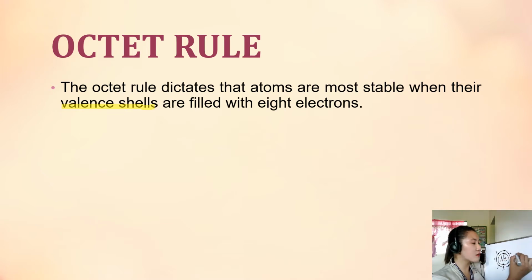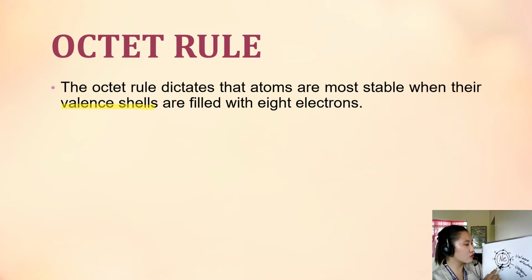These electrons naman is what we call the valence electrons. So valence electrons, these are the electrons present in the valence shell, okay? So kung i-count natin yung electrons present in this nuclear model, this is equal to the number of atomic number ng neon.